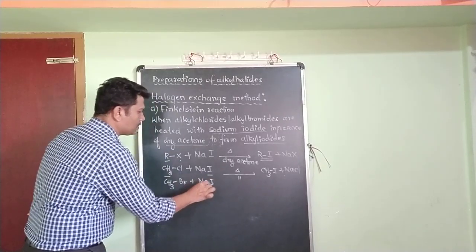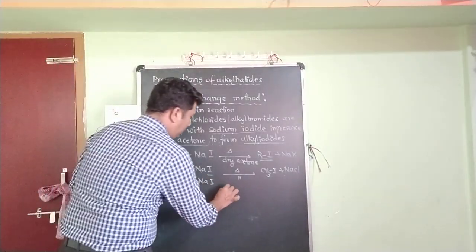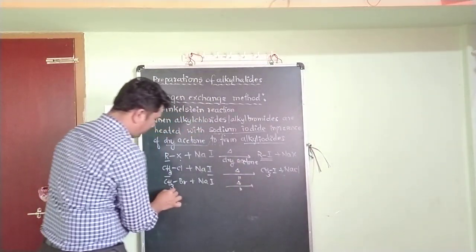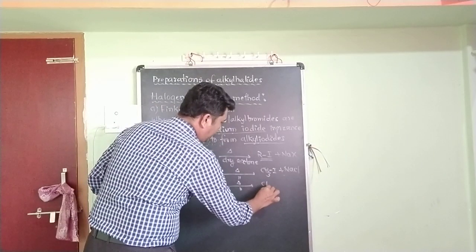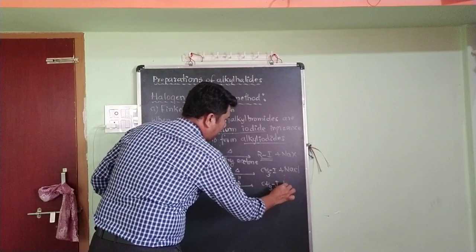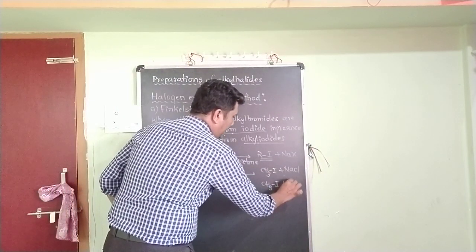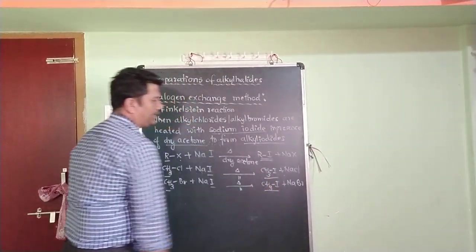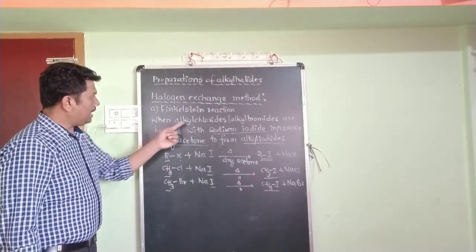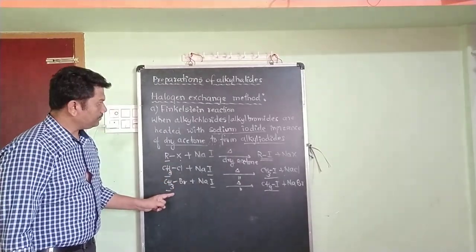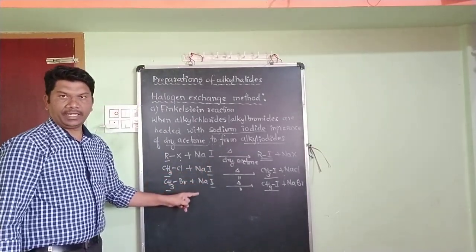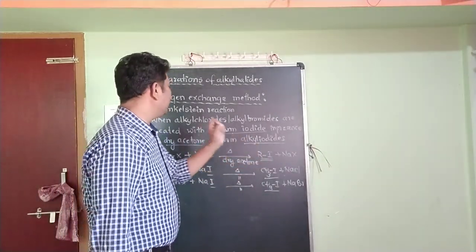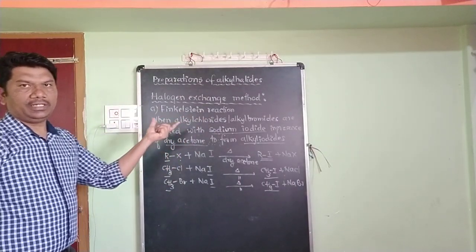When it is heated with sodium iodide in presence of dry acetone, it forms alkyl iodide, again CH3I, plus NaBr. So when alkyl chloride or alkyl bromide is heated with sodium iodide in presence of dry acetone to form alkyl iodide, this reaction is called the Finkelstein reaction.